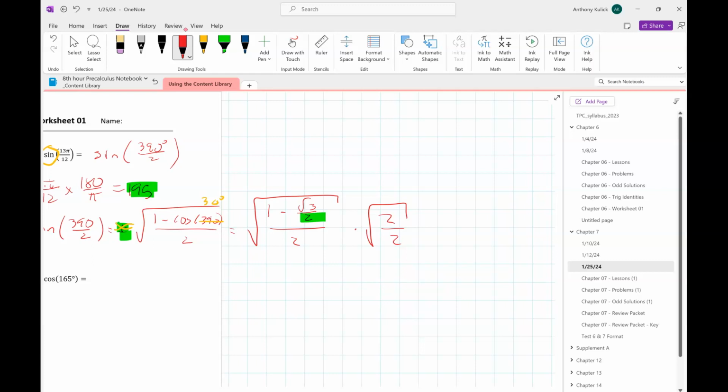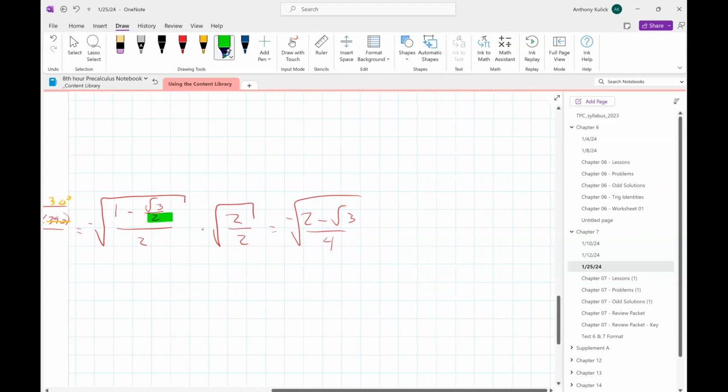And now I can multiply the 2 in. So I have 2 minus root 3 all over 4. One last thing I have to worry about is, technically speaking, I have a square root in the denominator, right? But the square root of 4, hey, I know what that is. It's just 2.